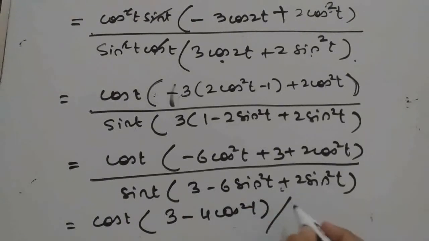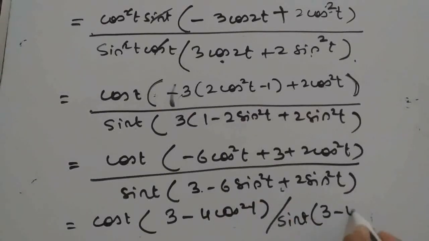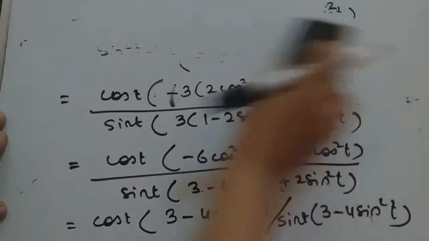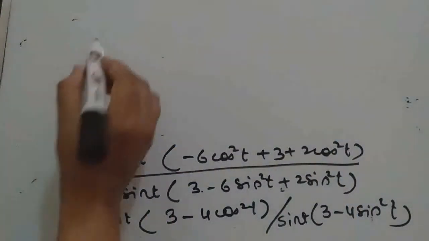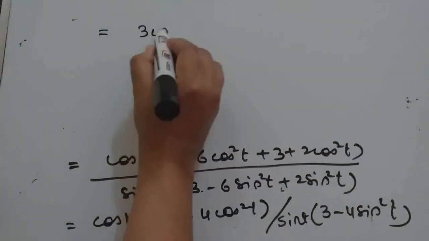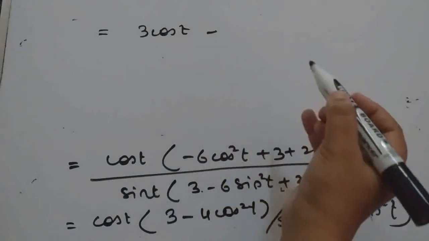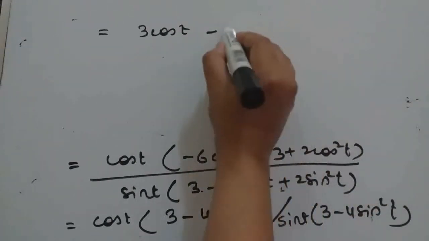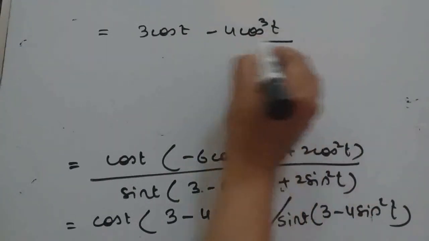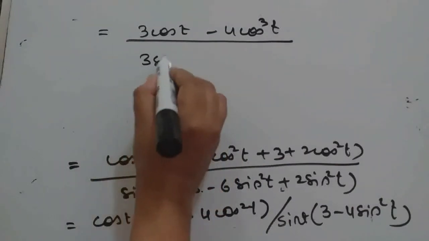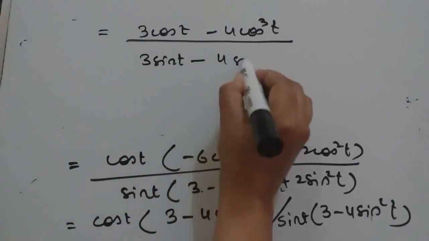Divide by sin t is there and 3 minus 4 sin square t. Now from cos and sin we will multiply inside, so we will get 3 cos t minus 4 cos cube t, and here 3 sin t minus 4 sin cube t.